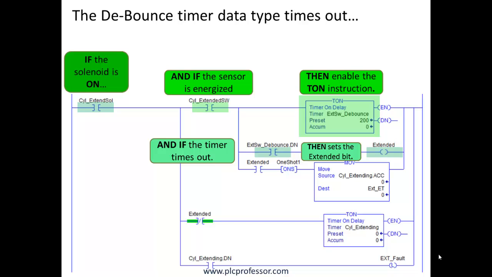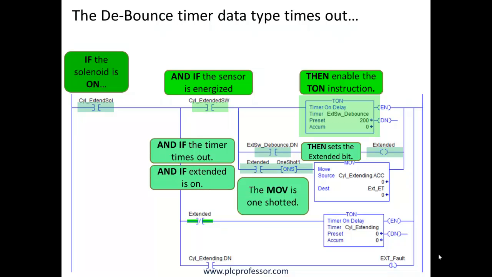The extended bit is on, and the move instruction copies the value into the extend DT. Now we show 0 in the accumulate, and we show 0 in the cylinder extending timer on delay instruction.